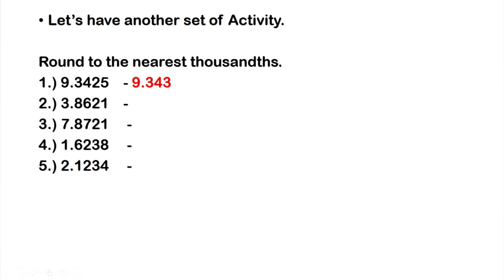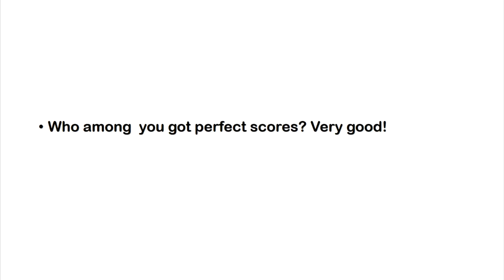The answer is 3 and 862 thousandths because the digit to its right is 1, so we round down. For number 3, still we round down because the digit to the right of the rounding place is still less than 5. Number 4, we round up since the digit to the right is 8. Number 5, the rounding digit is less than 5, so we retain. Got a perfect score. Very good!